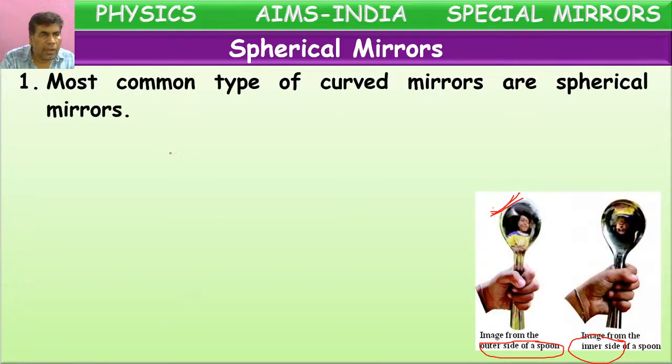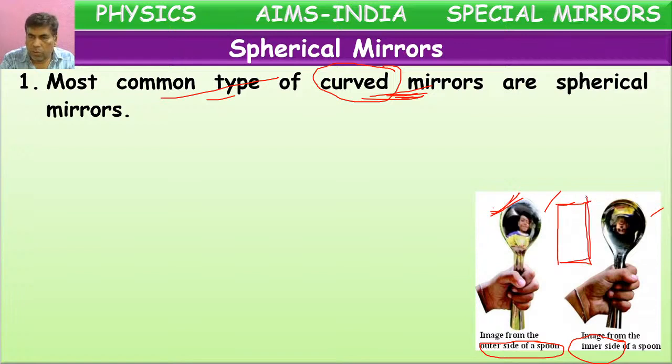These spherical mirrors are the most common type of curved mirrors, because the surface of the spoon is curved. It is not like a flat plane mirror. If you touch the surface of a spoon and the surface of a plane mirror, you can identify the difference.